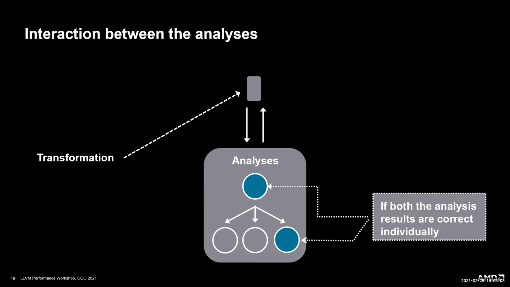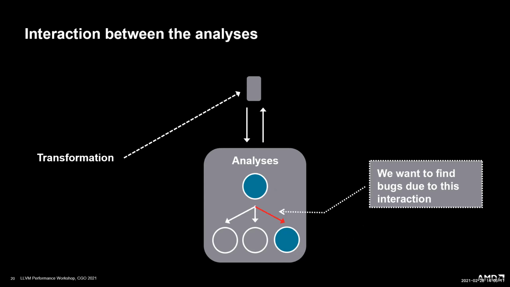But what we want to focus on is the interaction between these 2 analyses. How 2 analyses which seem to be perfect, which seem to be correct, may end up giving some unexpected behavior when they're used together, or the way some analysis uses the other analysis.